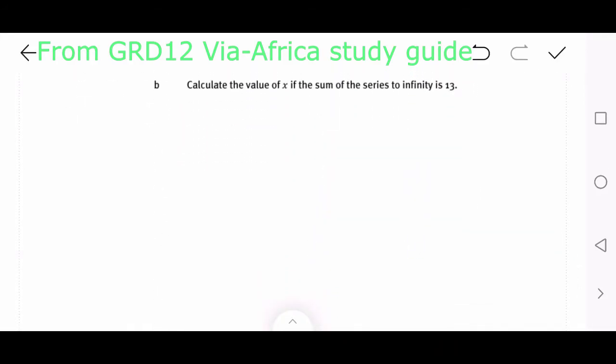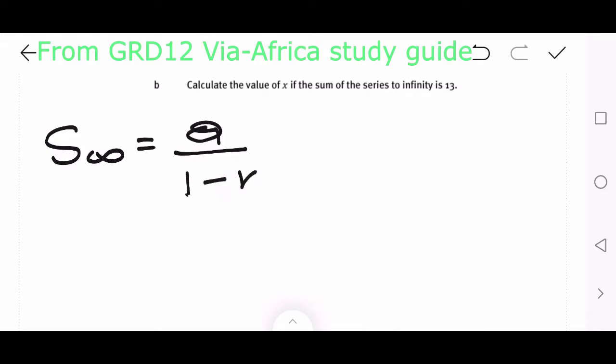So we have s to infinity equals a over 1 minus r, and we're told that this is equal to 13. So now we need the value of a.